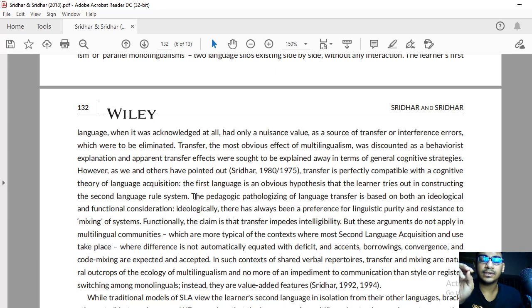Beginning Bangladeshi learners of English will tend to translate, and even adult Bangladeshi people tend to translate if their language proficiency is not that high. It can be resolved with practice, but the point is that language transfer happens and it's natural.